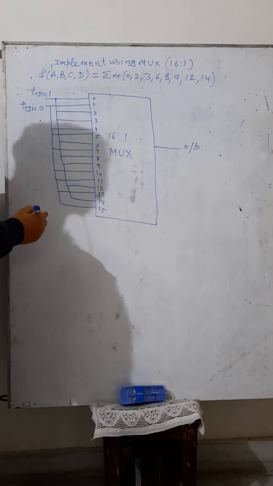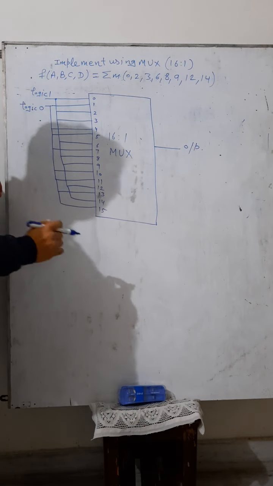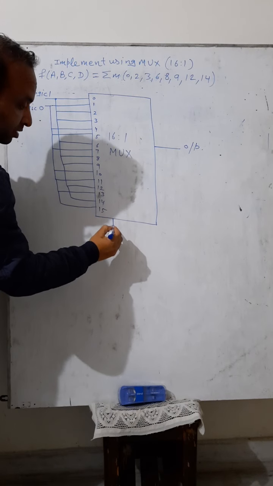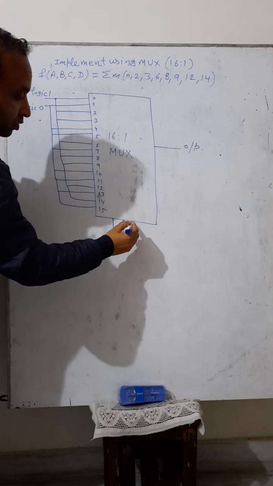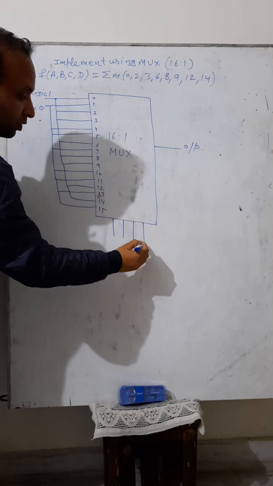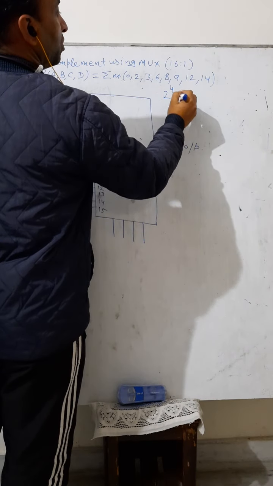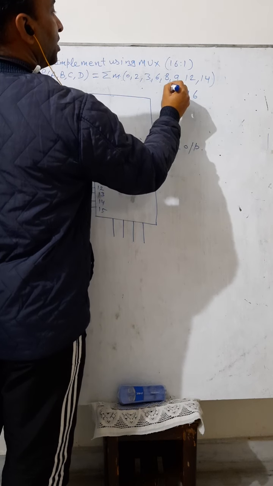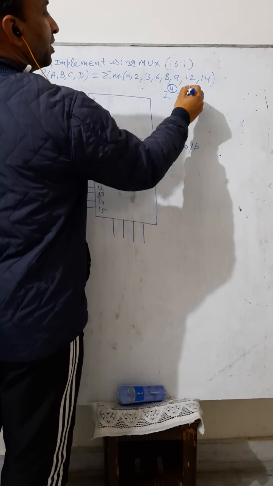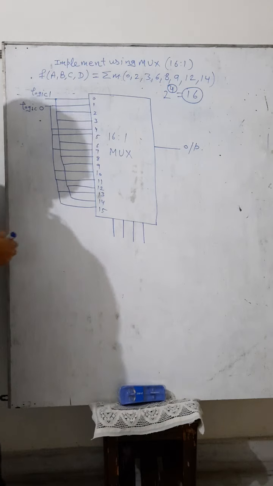So how many select signals will there be? 1, 2, 3, 4. In the same formula, 2 raised to power 4 is equal to 16. Here it is the value of m, and here it is the value of n.